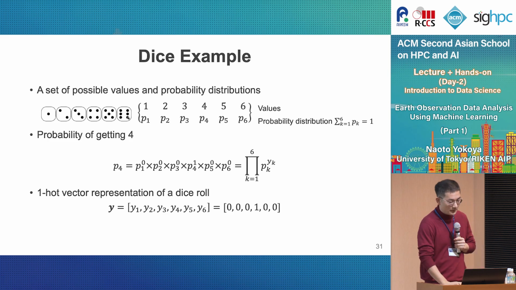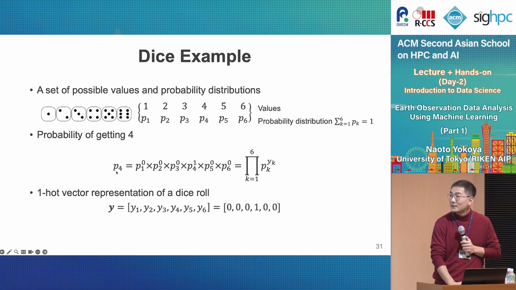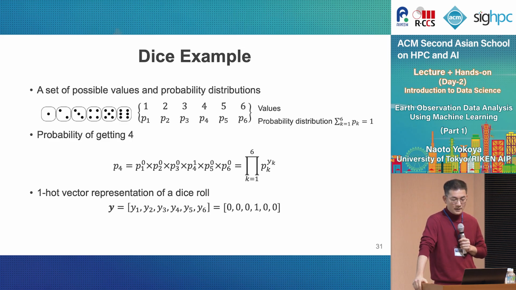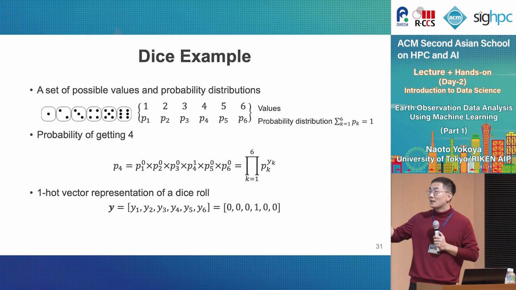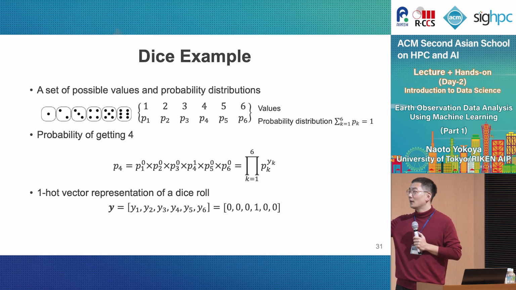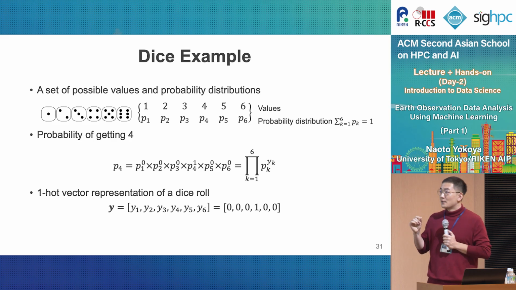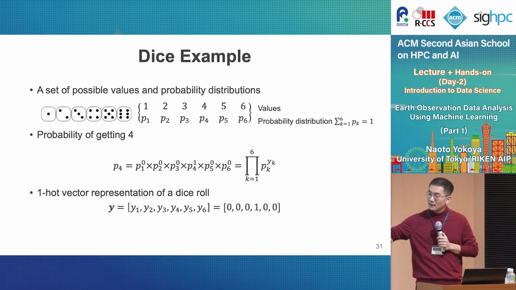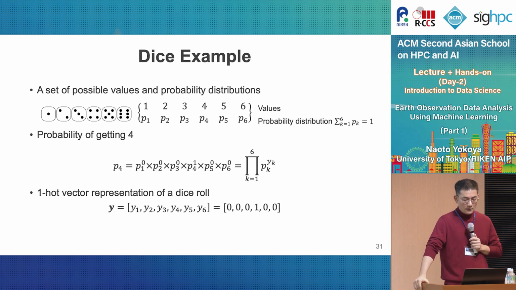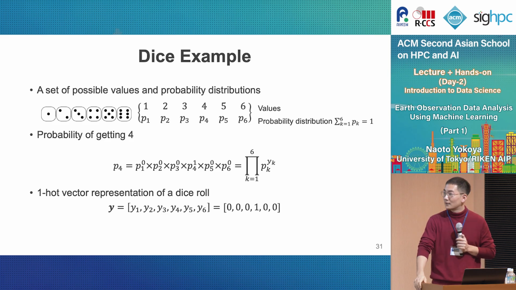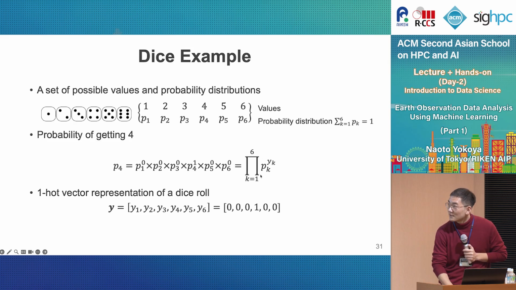And P4 can be represented in this form, right? Multiplication of P1 to the power of 0 multiplied by P2 to the power of 0, blah, blah, blah, and then P4 to the power of 1, right? So we can represent this as a multiplication of each probability to the power of each element of one hot vector representation. So that is shown here.